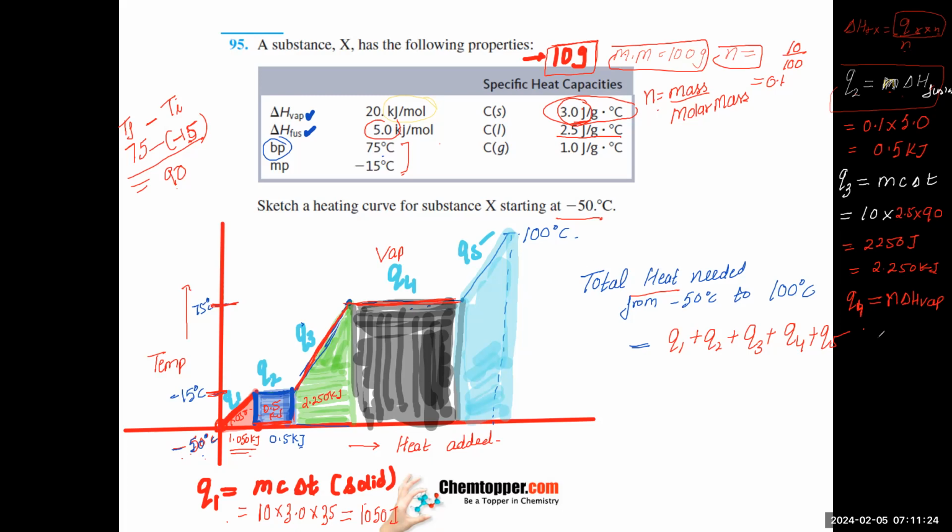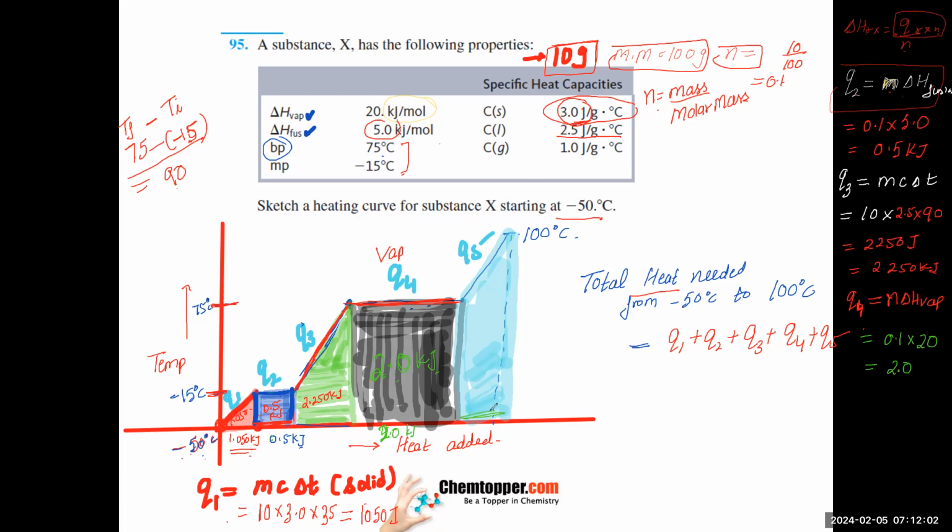And what is N here? N is, we calculated earlier, 0.1. Delta H of vaporization is given to us, 20. Can you see it's 4 times more than that of fusion. So this value is 2.0 kilojoules, 4 times more than that of Q2.